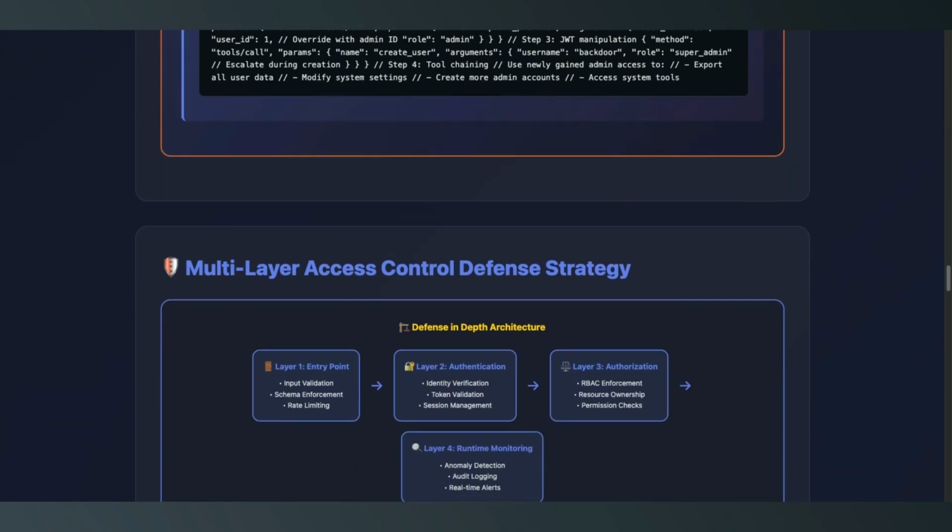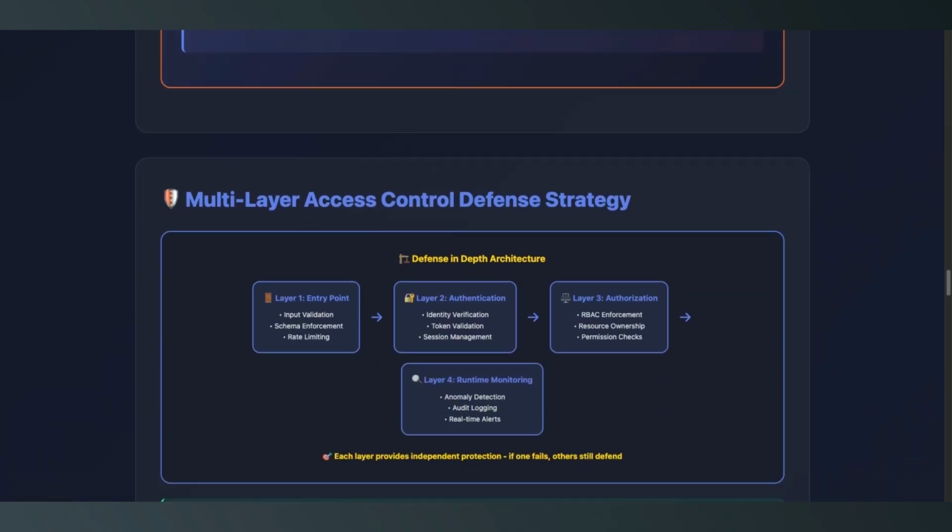And this can happen because of weak access control enforcement. So how can we have defense in depth when we're dealing with access control? One is obviously at layer one: we should have input validation, schema enforcement, and rate limiting. Rate limiting is very important because if there is any kind of IDOR, rate limiting can narrow down the impact, restricting attackers from making so many API calls to pull sensitive information.